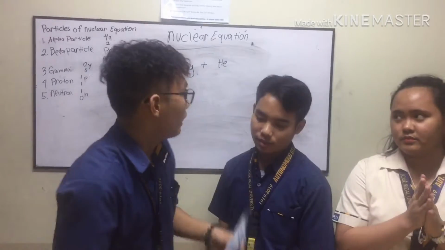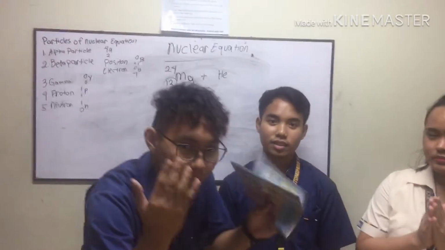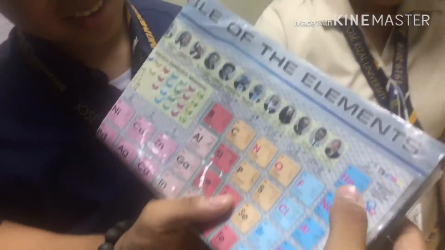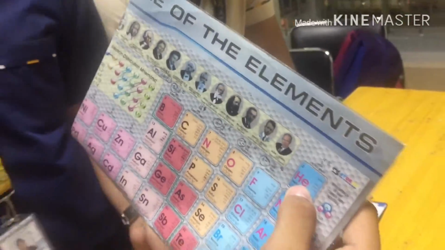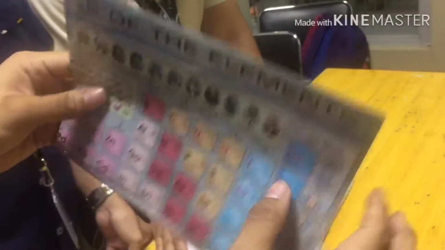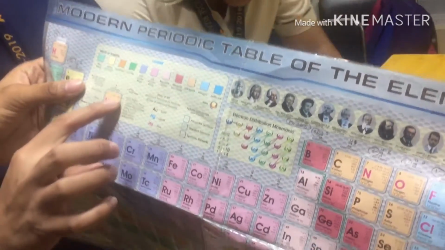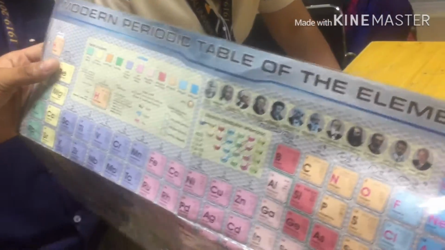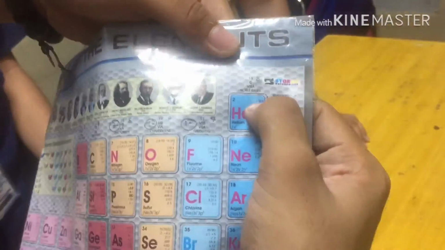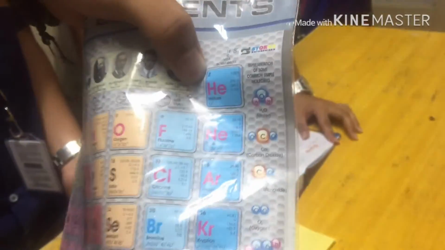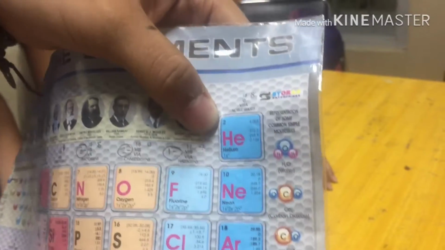To get this, you need the atomic weight. This is the atomic weight of helium, and 2 is the atomic number of helium.